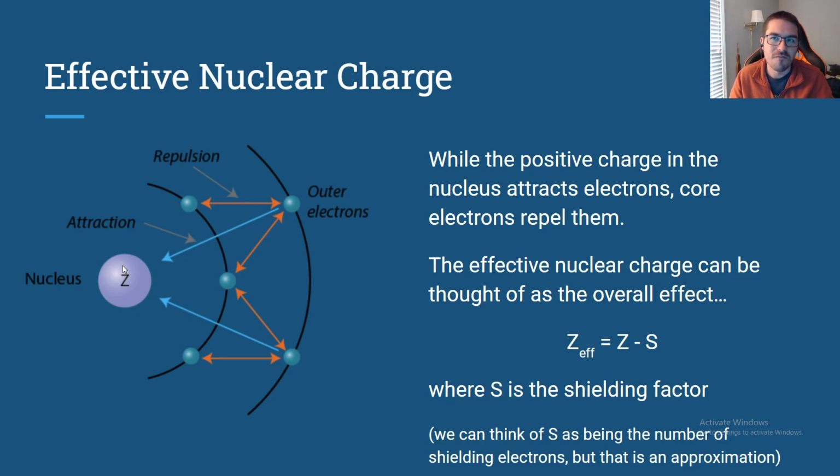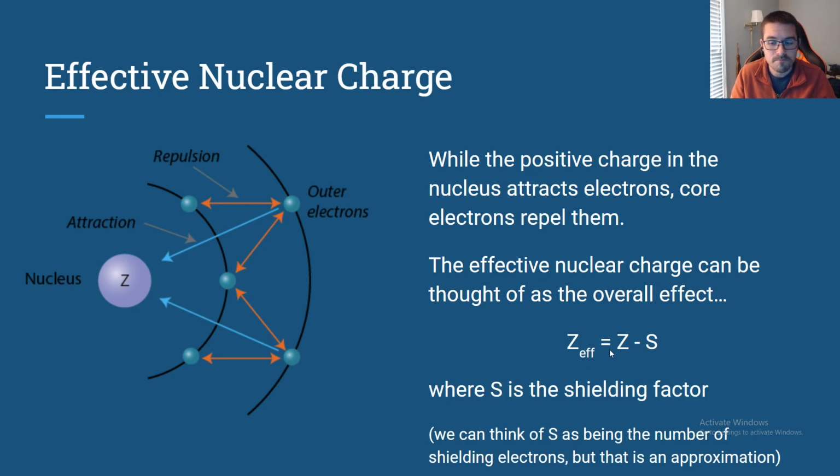But the effective nuclear charge, what the electron here effectively feels, is somewhat negated by the presence of these core electrons. Okay? And there's actually a bit of an equation that we're going to use that's an approximation for calculating the effective nuclear charge.